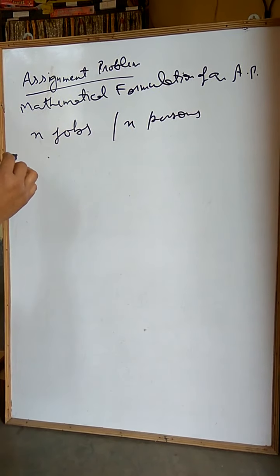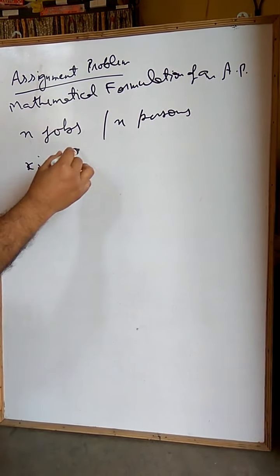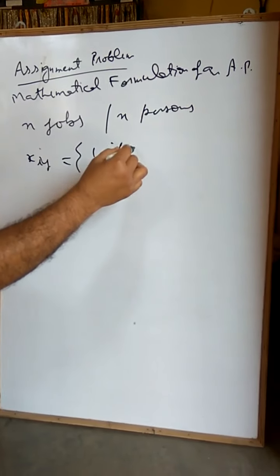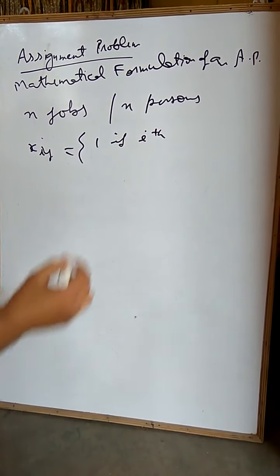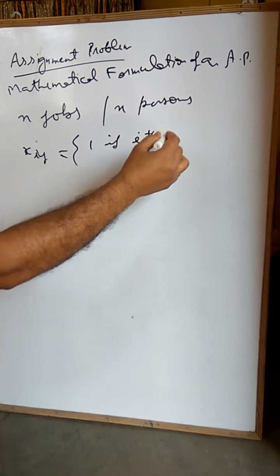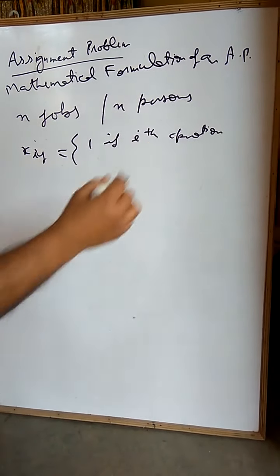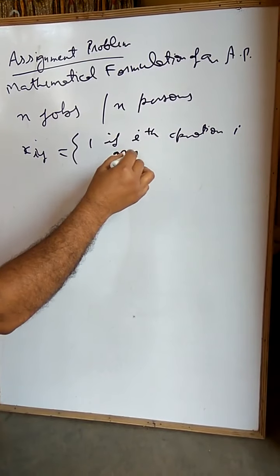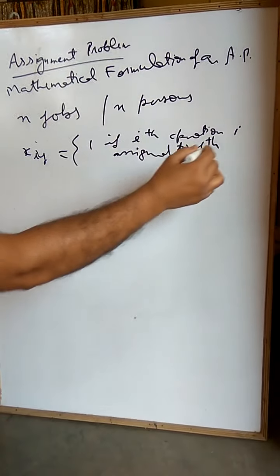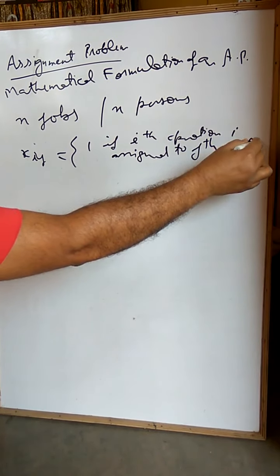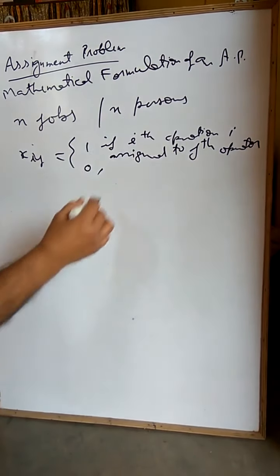And suppose we have xij equal to 1 if ith job is assigned to jth person, or if ith operation is assigned to jth operator, and xij is equal to 0 in all other cases.